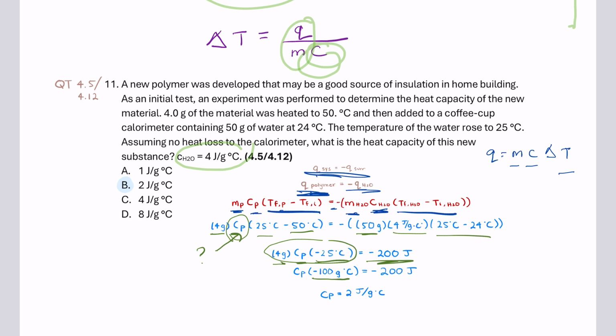So what we've reached here is that the specific heat capacity of the polymer multiplied by negative 100 grams times Celsius is equal to negative 200 joules. Our final step to solve for C_P is to divide both sides by negative 100 grams times degrees Celsius. And that gets us that the specific heat capacity of the polymer is 2 joules per gram per degree Celsius, which matches answer choice B.